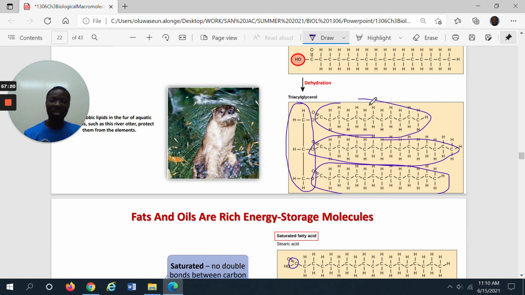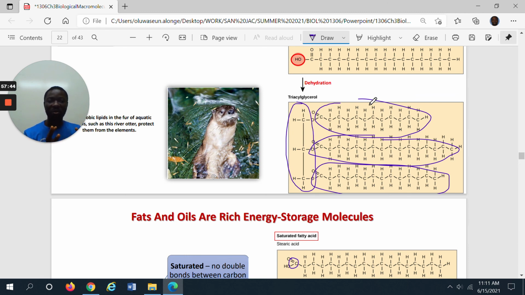So because of that, we acknowledge lipid to be a macromolecule, but it is not a polymer because it doesn't have monomers. Now, monomers are just smaller molecules of the same kind coming together to form a structure together.